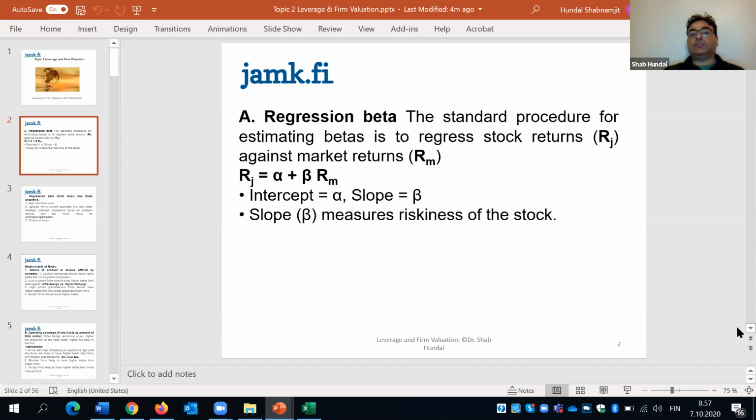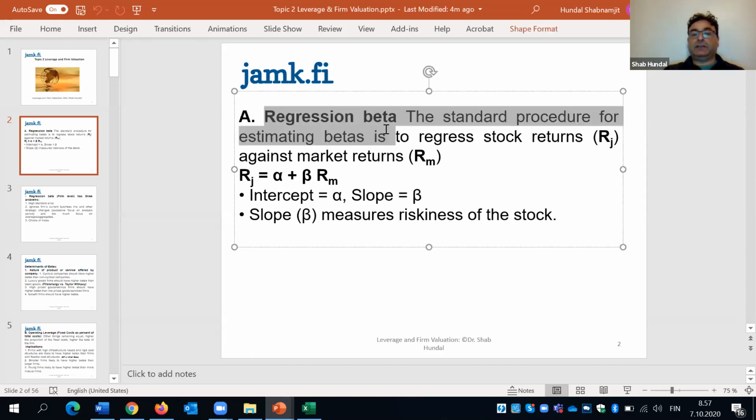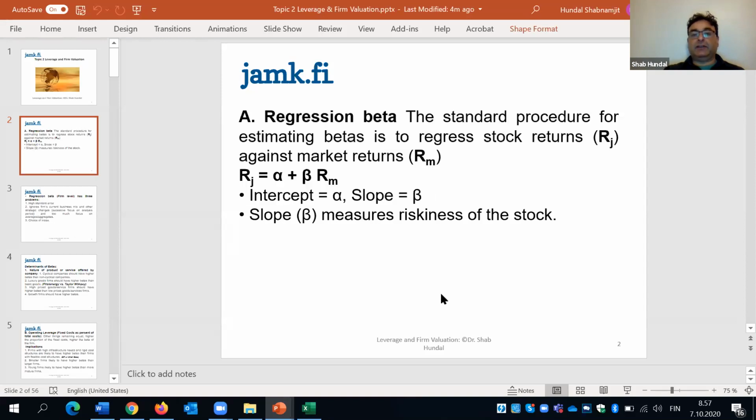So the change in leverage, the change in debt, has an influence on what we call systematic risk. The beta that you calculate, or the beta that you see on websites, is also called the levered beta, or equity beta, because of course it belongs to equity. So levered beta is a very important concept.